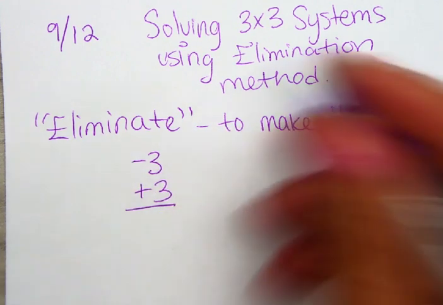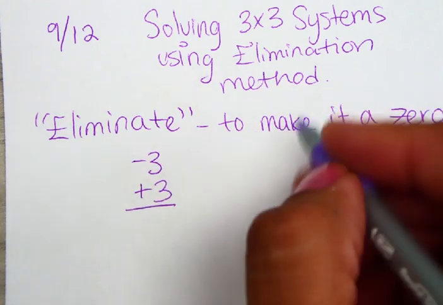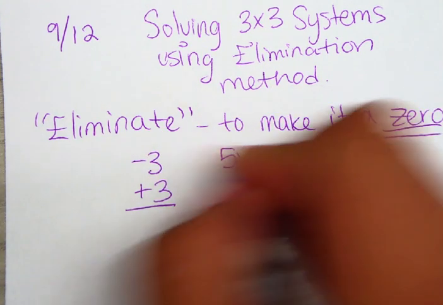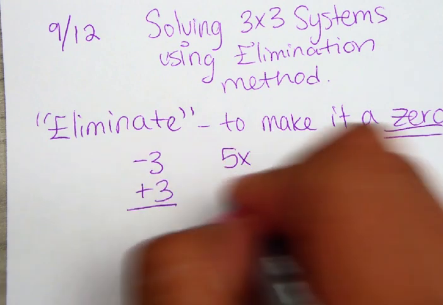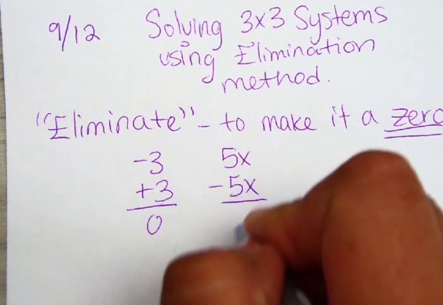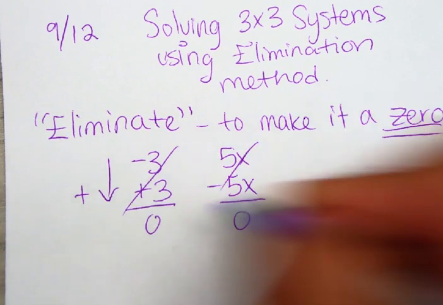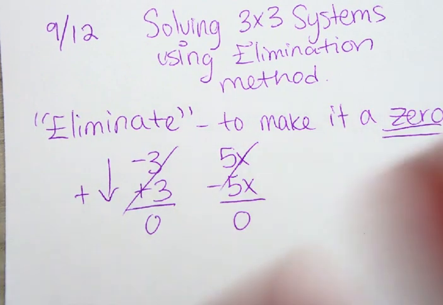So inverse operations come in handy. However, we are just eliminating. So if you have a positive or negative, we are either going to add or subtract to eliminate. Both of these give us 0 if we add downwards, and that's how they cancel out. So this is what eliminate means.